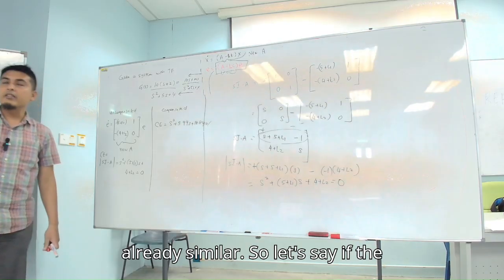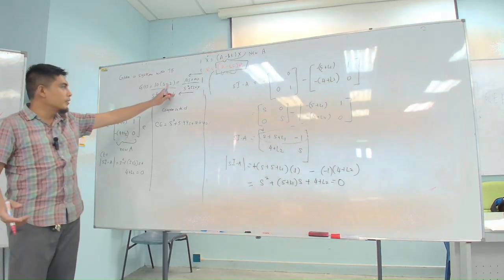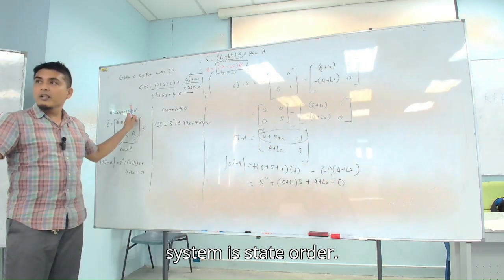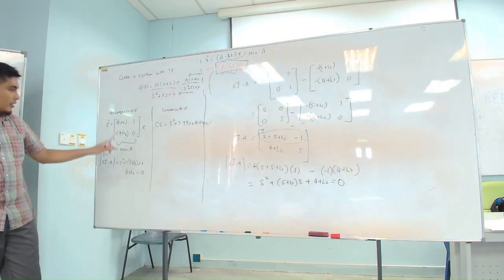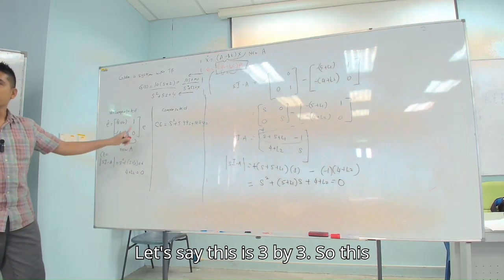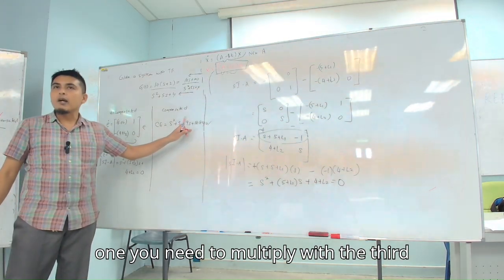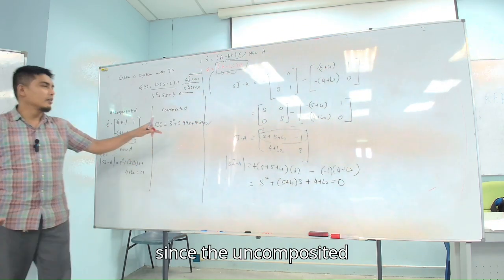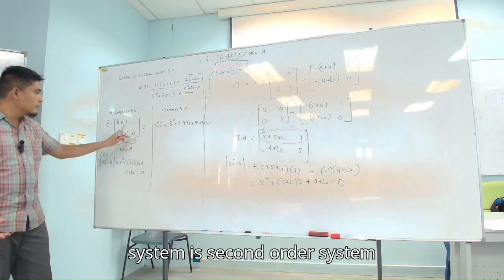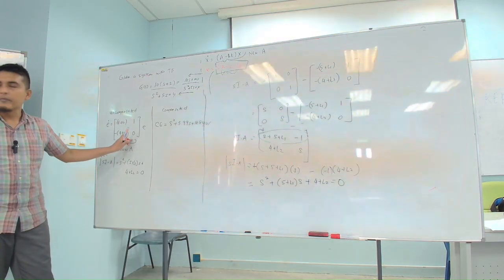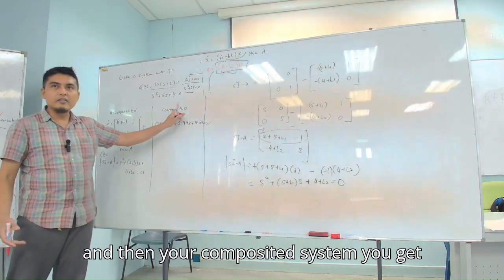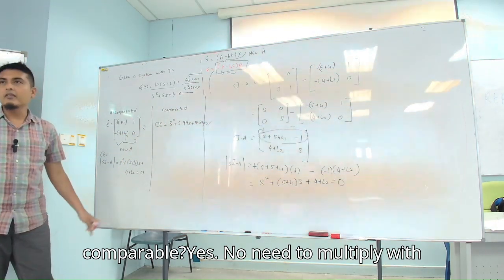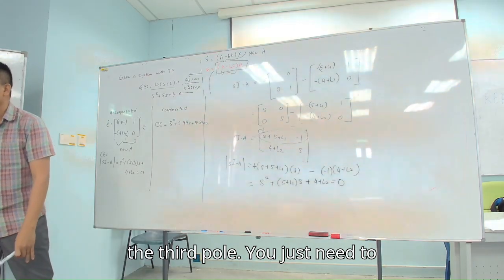So let's say if the uncompensated system is third order, let's say this is 3 by 3, then you need to multiply with the third pole. Since the uncompensated system is second order and your compensated system is second order also, they are comparable, so you do not need to multiply with the third pole.